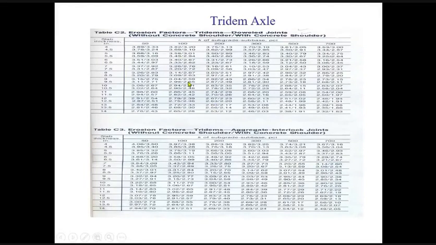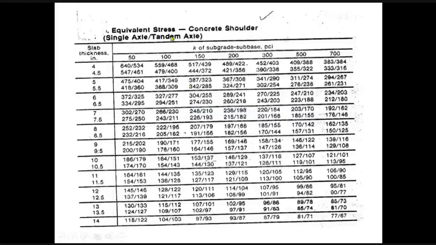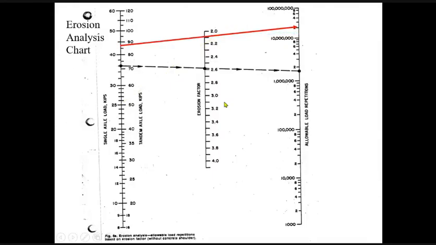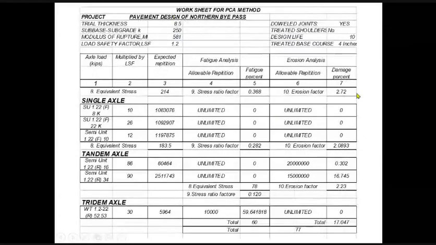So that's similarly the way you have found equivalent stress for fatigue analysis. You always have this type of table in which you have thicknesses, and then you have these K values, and you can always find these erosion factors from there. So this is how erosion factor for tandem is calculated.